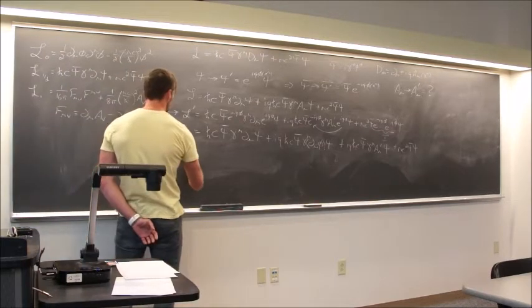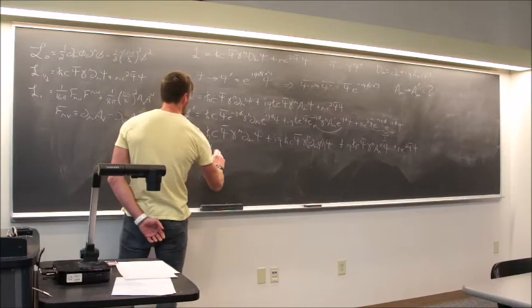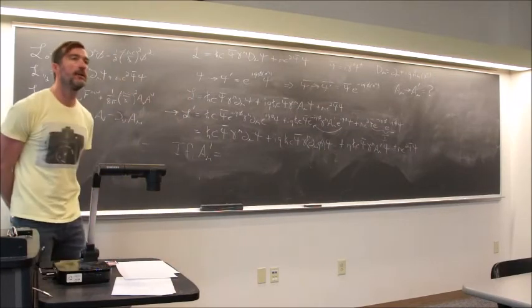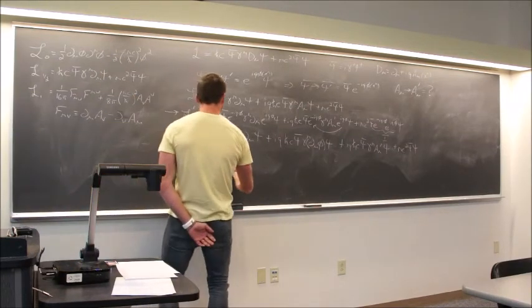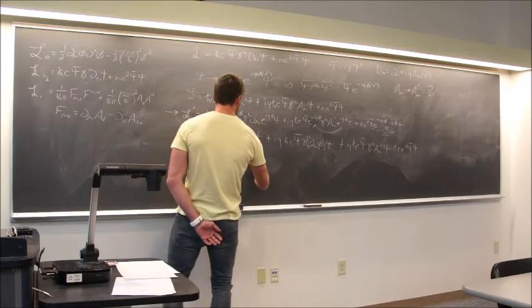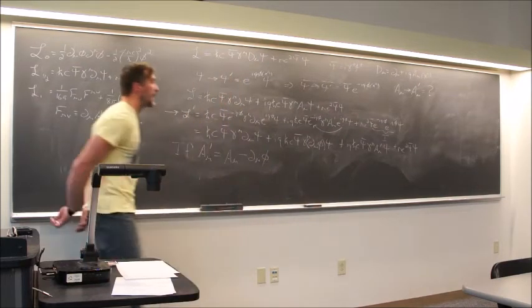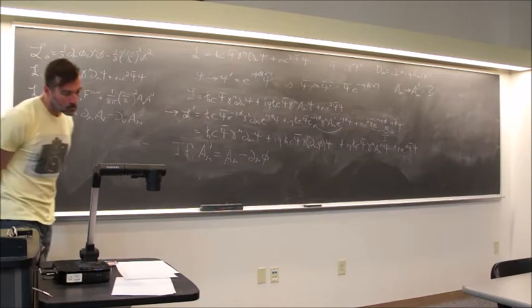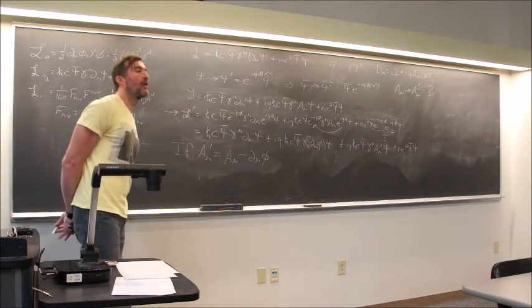If A mu prime is equal to A mu minus d mu phi, what happens?